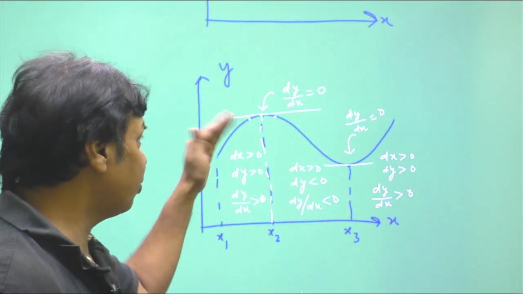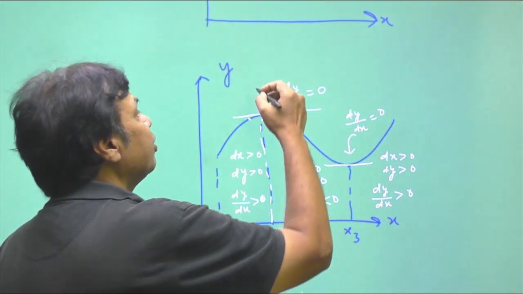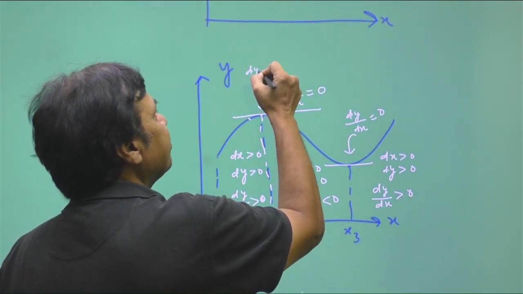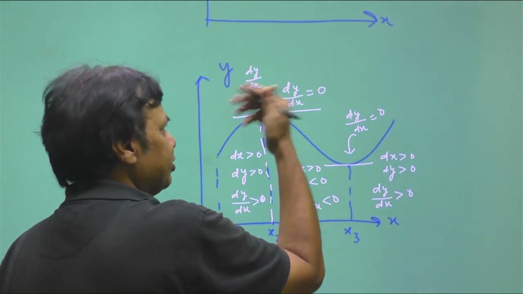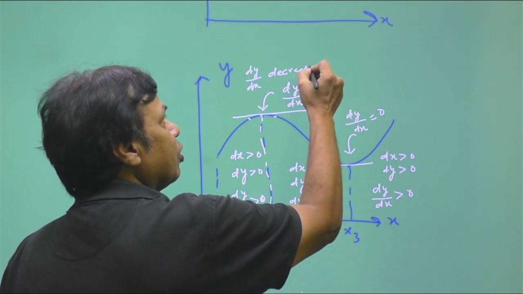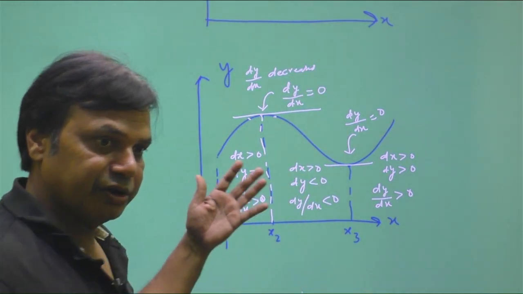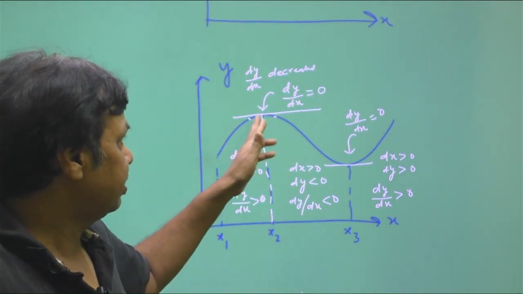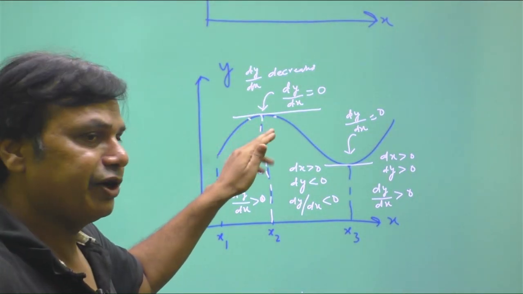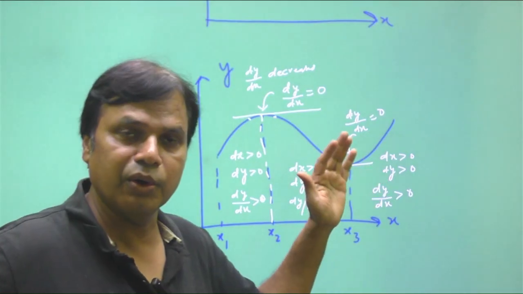So around maxima, the slope of the tangent to a curve decreases. Of course, it is 0 at the top, but it is only 0 at the top, not at every point near the local maxima.